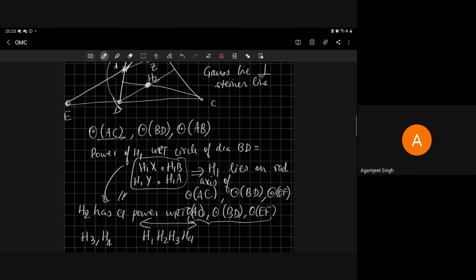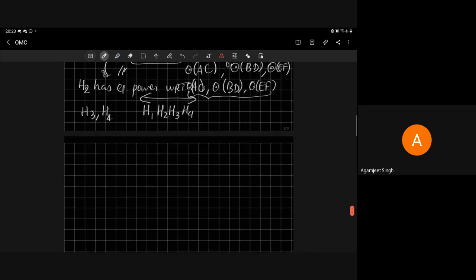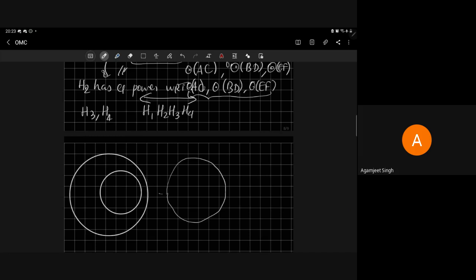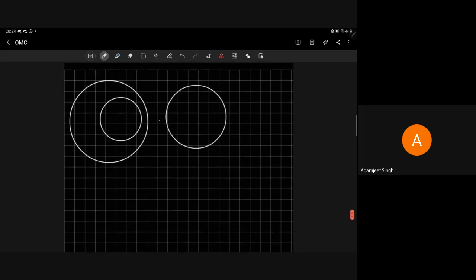So if these three circles are coaxial, they generally look like this. I'm just drawing a diagram. In general, they look like this, or if they intersect, they all pass through the same 2 points.